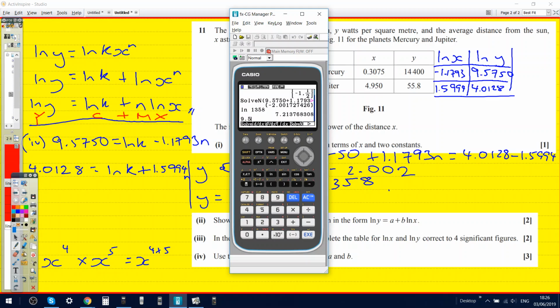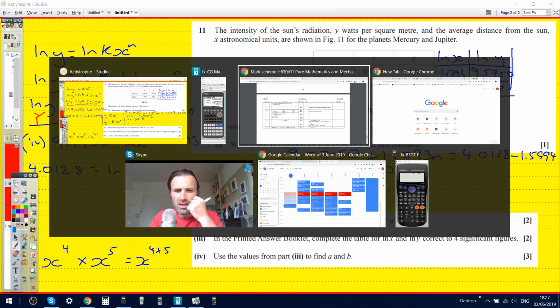In fact, I don't think it has to be solved. It can just be calculated. Plus 1.1793 times n, which we said was minus 2.002. Oh, so I'm still getting very close to 7.2. Let's take a look.